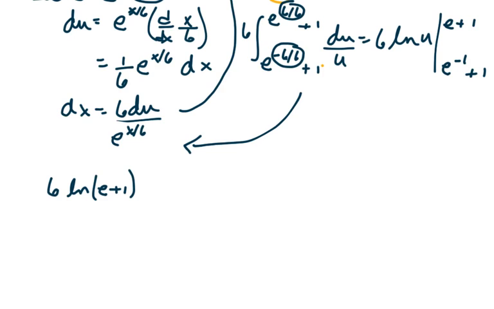This is a tricky problem in the algebra, and if you've forgotten some of the algebra of logs, it might have caused a problem for you. So minus 6 ln of 1 over e plus 1. Right? All I did here was substitute in the upper limit of integration and then the lower limit of integration.